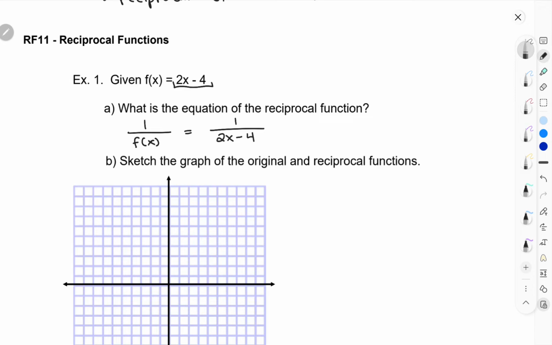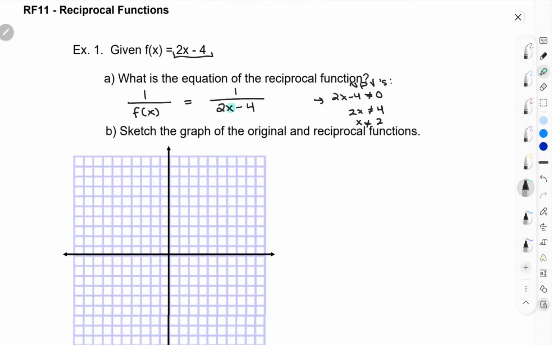We should know from our rational unit that 2x minus 4 cannot have a value of 0. That's my non-permissible value, and I can solve this not-equal-to statement. It's a reminder that x cannot have a value of positive 2, because if I put a positive 2 in here, 2 times 2 is 4, minus 4 is 0, and I can't divide by 0.